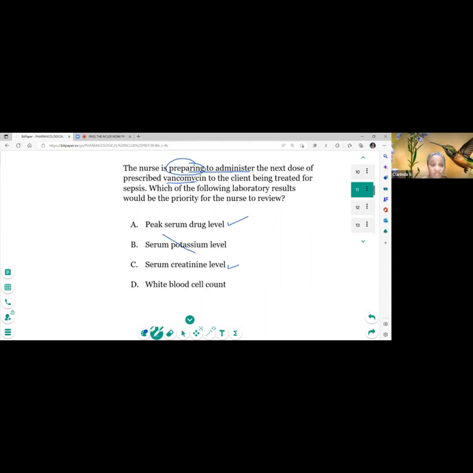If it's high, it's probably expected because they're in sepsis. If it's coming down or in normal range, depending on how long they've been on the drug, that tells me it's working. So I need to keep giving it as prescribed.